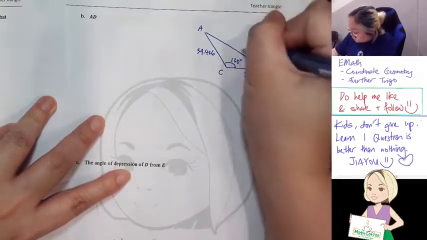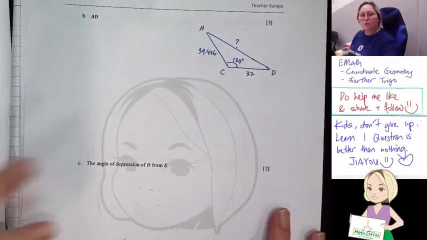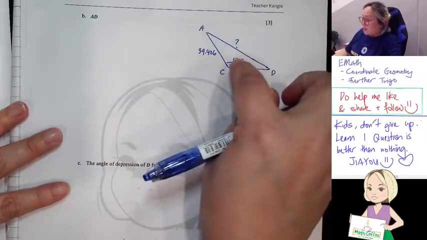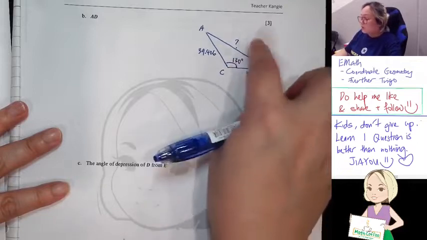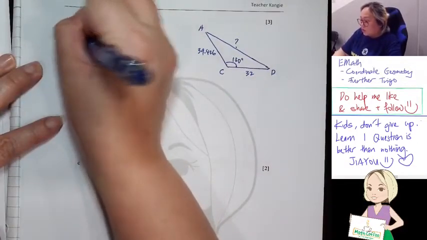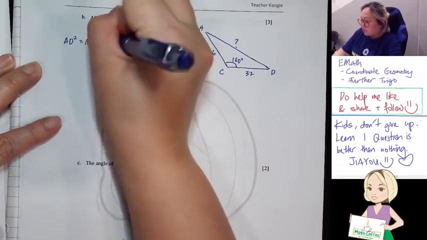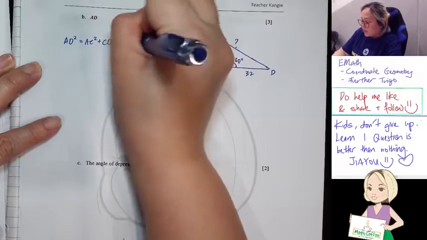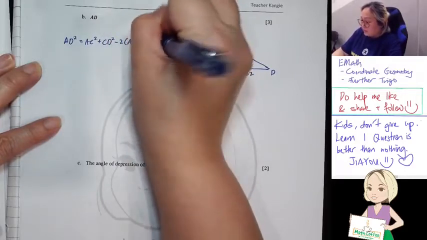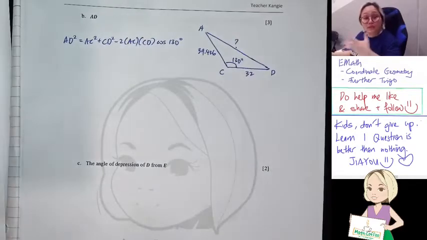So we are supposed to find this unknown. So I'm going to use cosine rule. My angle given is 130, so the opposite side must be on the left hand side. So we will know that AD square is equal to AC square plus CD square minus 2 AC and CD cosine 130 degrees. Okay, this is the formula.